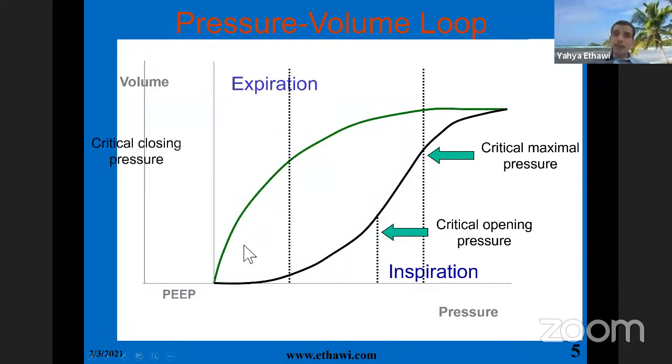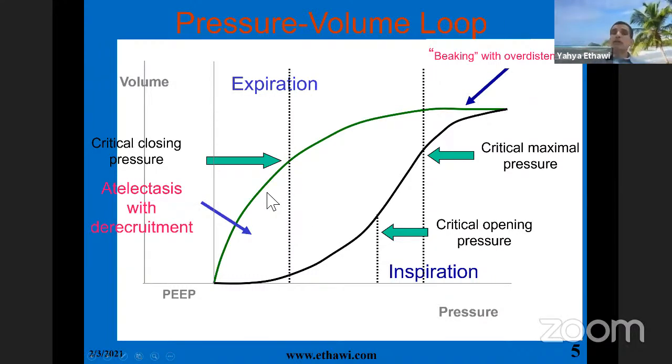Then exhalation starts. You can see the pressure reduce, reduce, reduce, until you reach a point where a little reduction in the pressure gives you lots of collapse in the alveoli. That's what we call the critical closing pressure. After the critical maximum pressure, we don't like it because of over-distension. And after the critical closing pressure, we don't like it because of atelectasis.